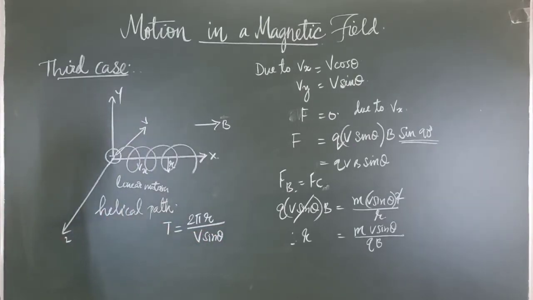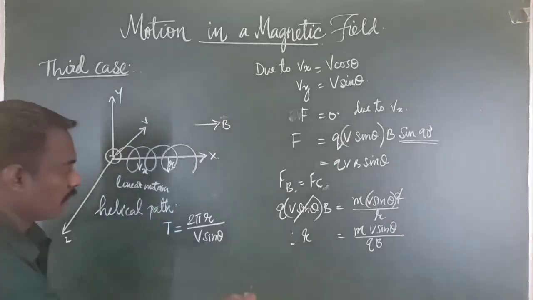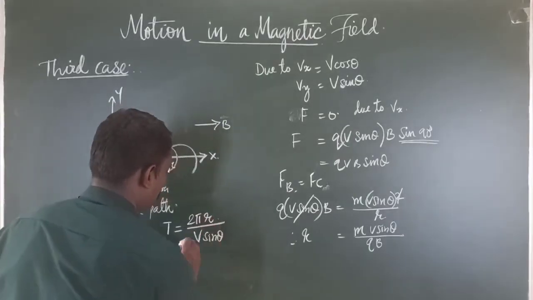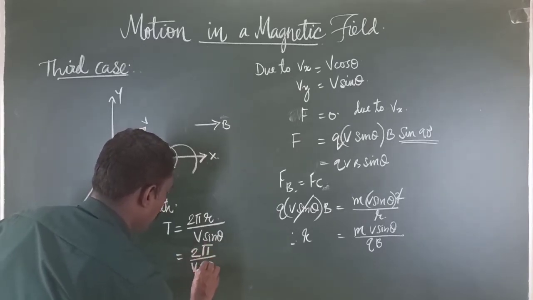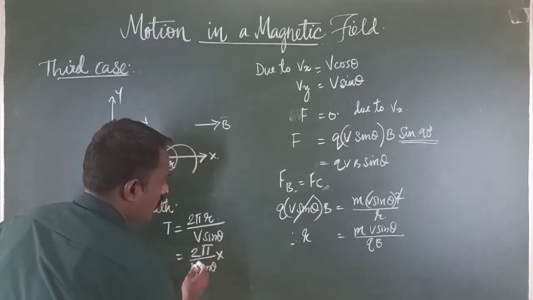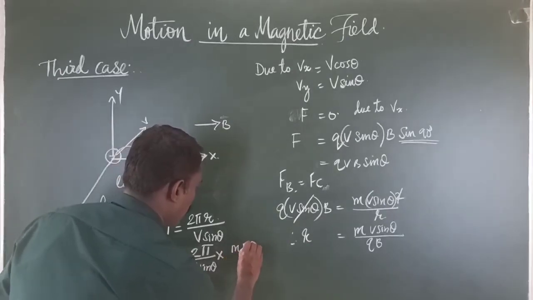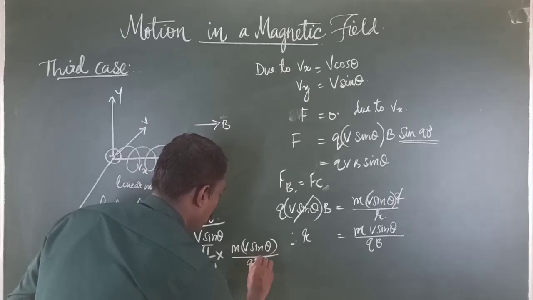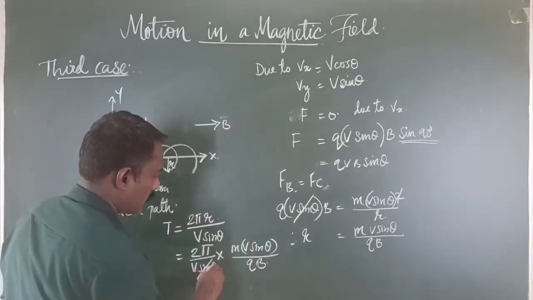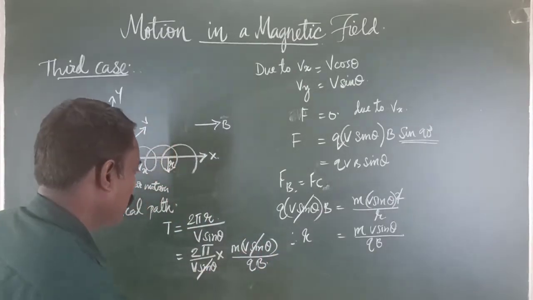If we substitute this value of r in this equation, we get 2 pi divided by v sin theta into m v sin theta divided by q into B. The v sin theta terms can be cancelled.